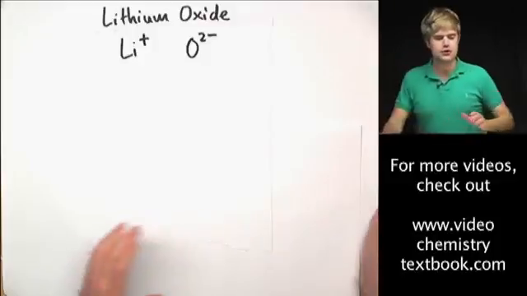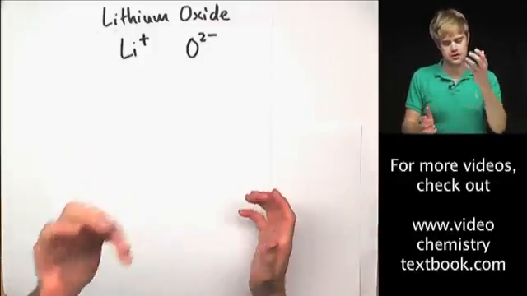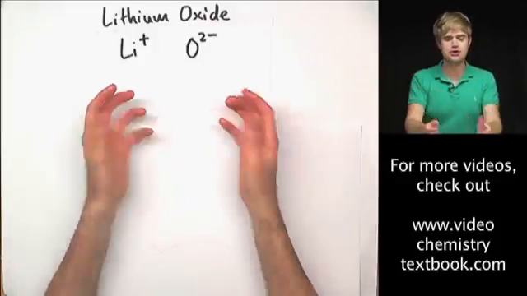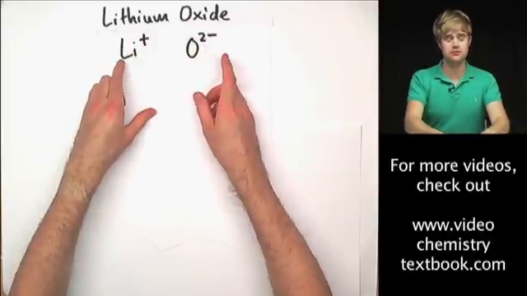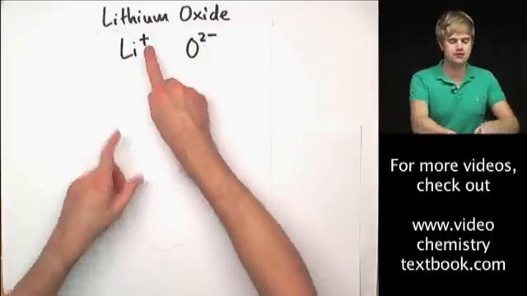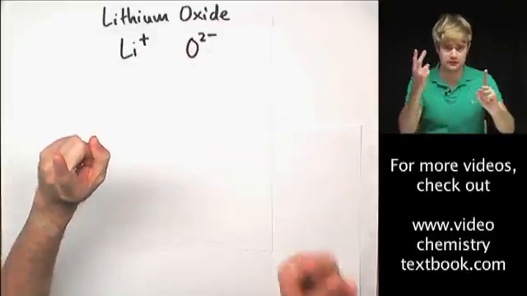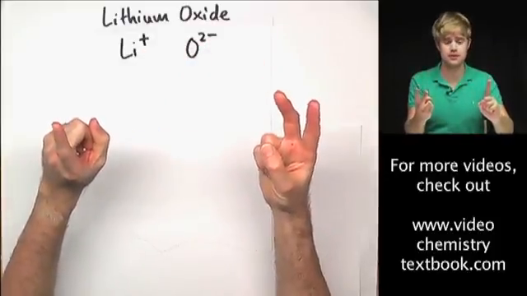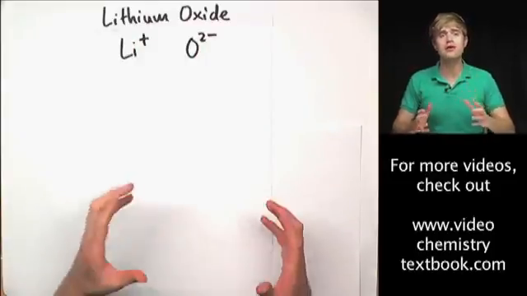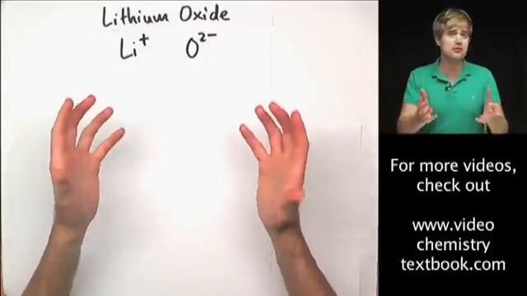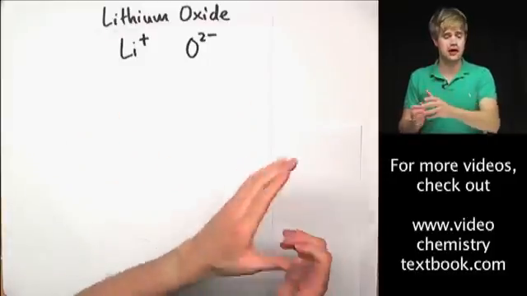Okay, so now I ask myself, does the plus charge and the minus charge balance when I have one atom of both of these? The answer is no, because I have 1+ charge, but I have 2- charges. So the charges don't balance. But I need to have them balanced in order to write the chemical formula.